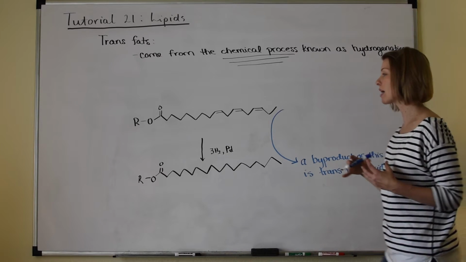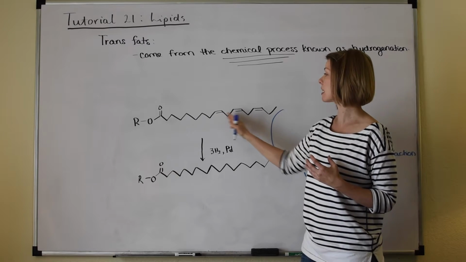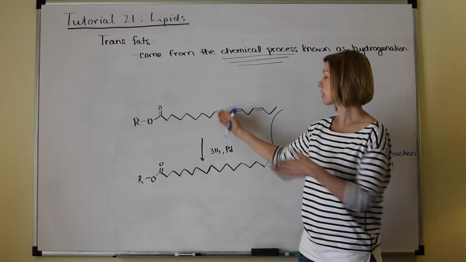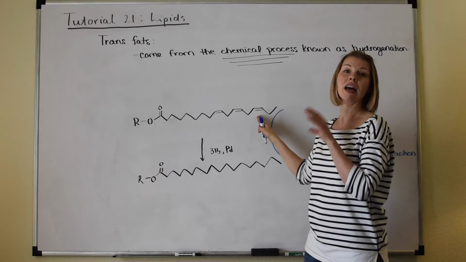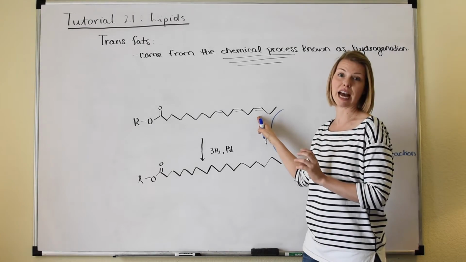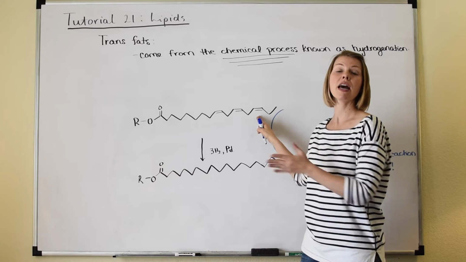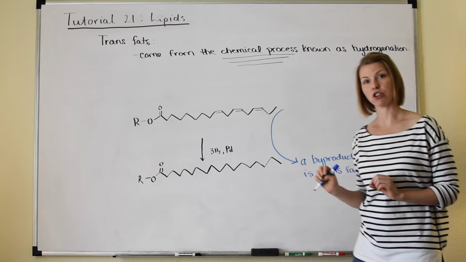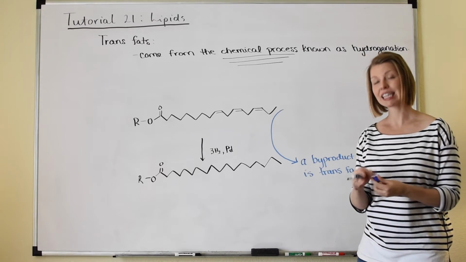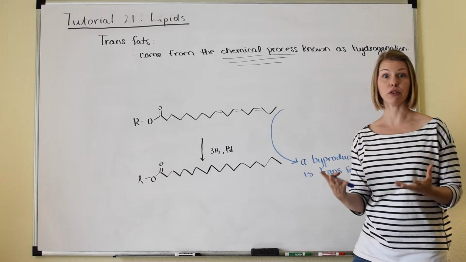Okay, so we can imagine, let's say that two of these double bonds get hydrogenated, but maybe the third doesn't. And enough energy is supplied in the reaction to break the cis double bond, and it flips and reforms in the trans geometry. That's how trans fats get into our foods.